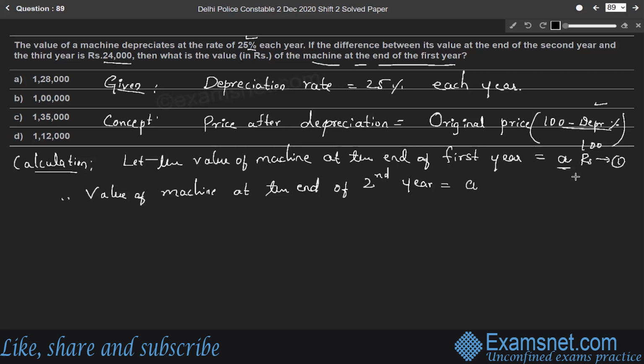Original price is A into 100 minus depreciation. According to the question, at the rate of 25% each year, therefore it is 100 minus 25 divided by 100. Depreciation rate is 25%, which is 75A by 100.